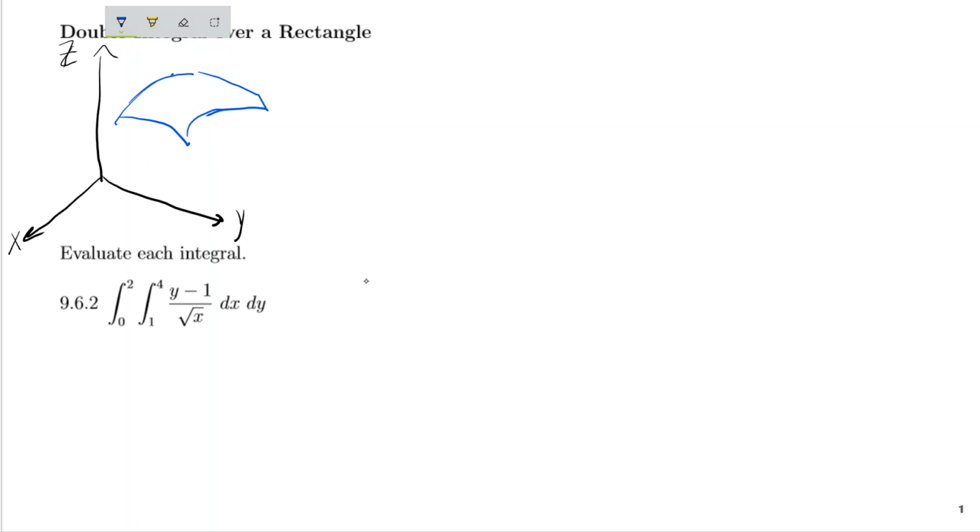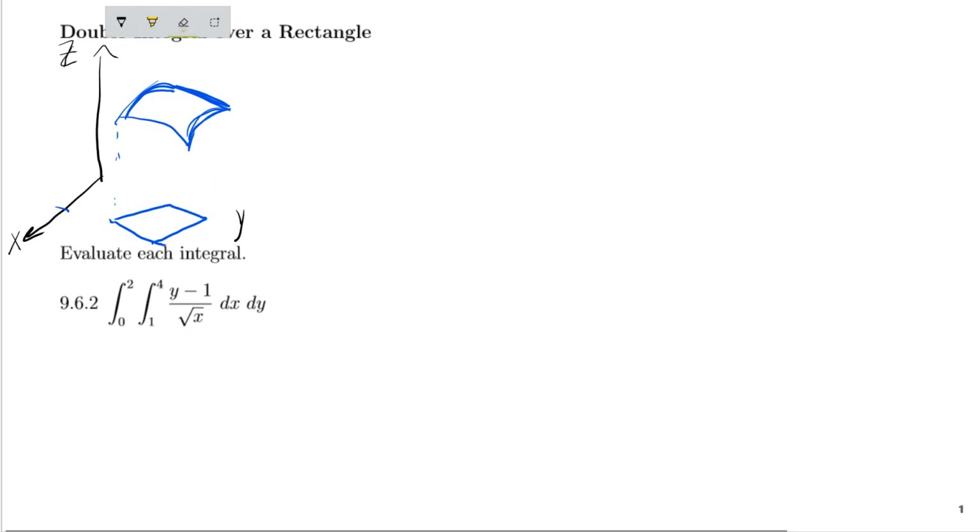I drew it too big though. Hold on, let me erase some of this. Sorry about that. It's a little bit too big. I'm going to make sure it fits. I want you to picture this going over a square region of x and y. Okay, this is too far over, because you have to be able to see it.